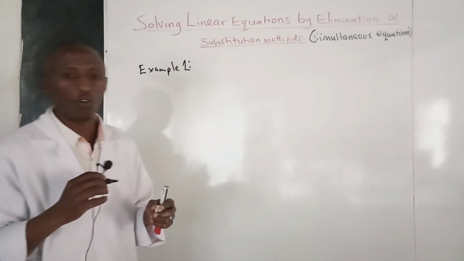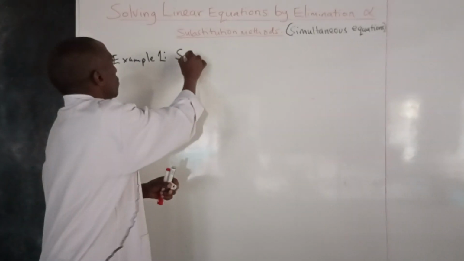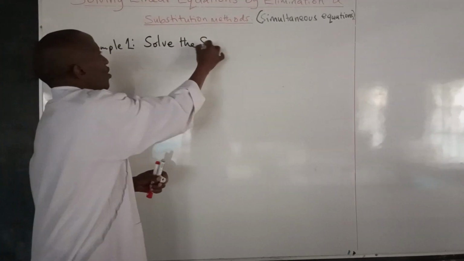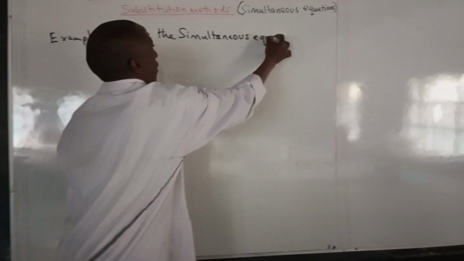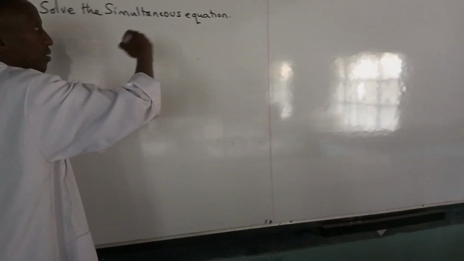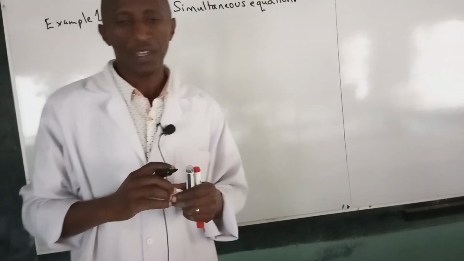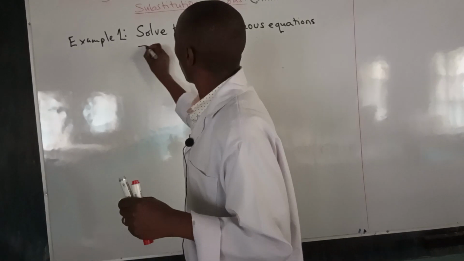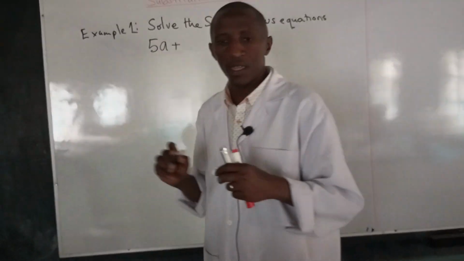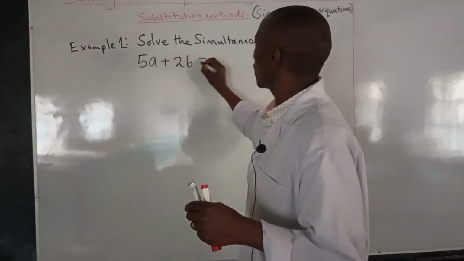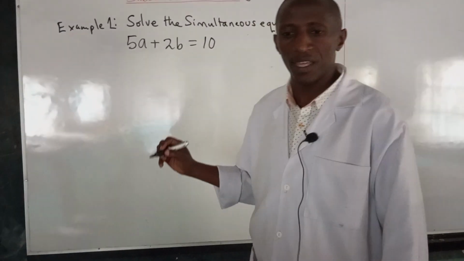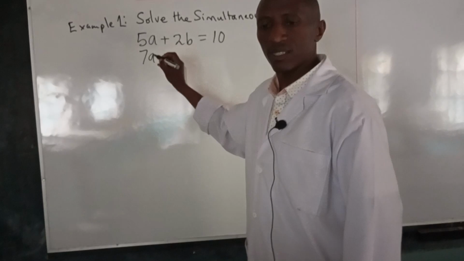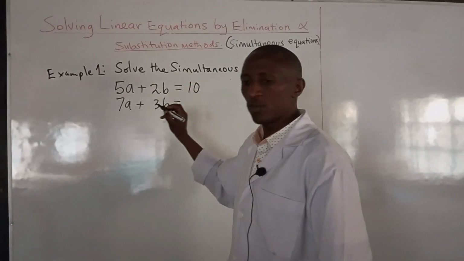we are going to solve the simultaneous equations given as 5a plus 2b is equal to 10 and 7a plus 3b is equal to 29.